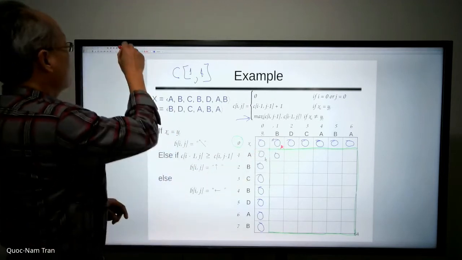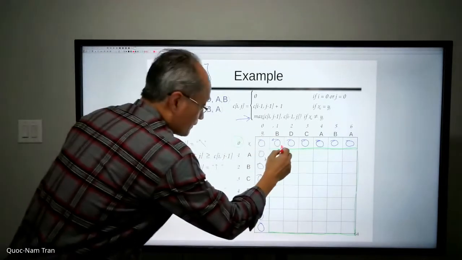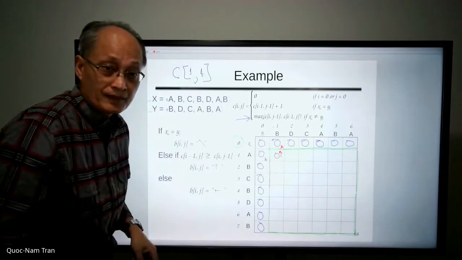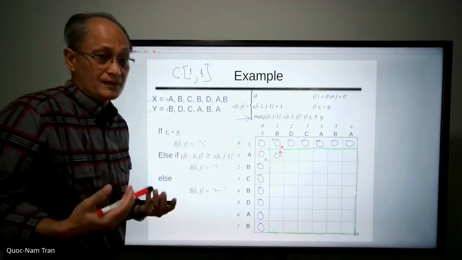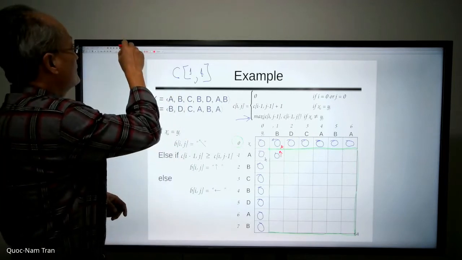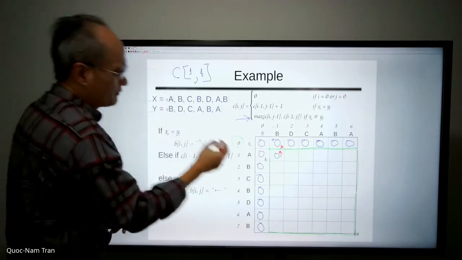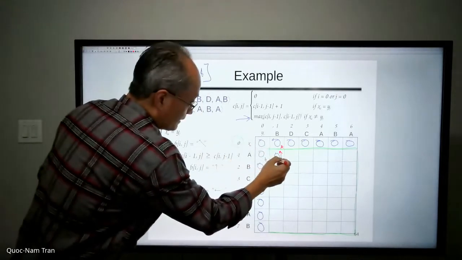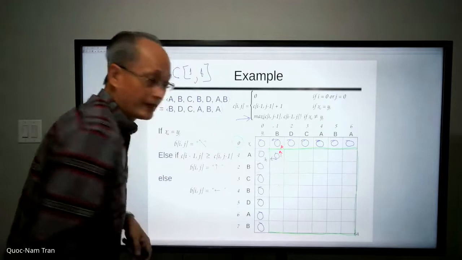So we can say that it comes from the upper one, okay? But this is only one option, right? We can, at the same time, record the value here. It can come from this direction as well.